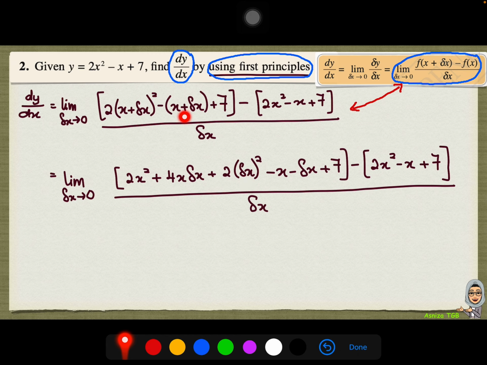And then open the bracket for the second expression, we have minus x minus delta x, and then plus 7 follows. Now we simplify. So here we can remove 2x squared minus 2x squared, and we can remove negative x minus negative x, and 7 minus 7.